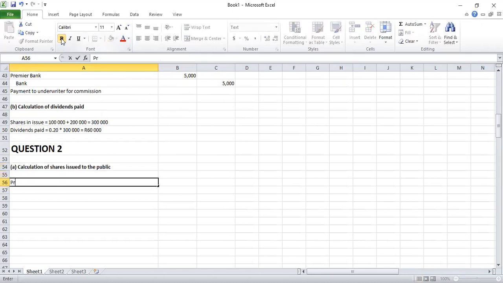Previously recorded price would be equal to 20,000 divided by 10,000, which is equal to 2 rand per share.